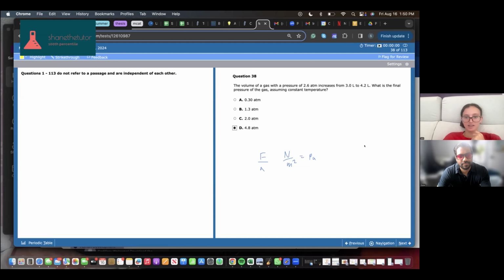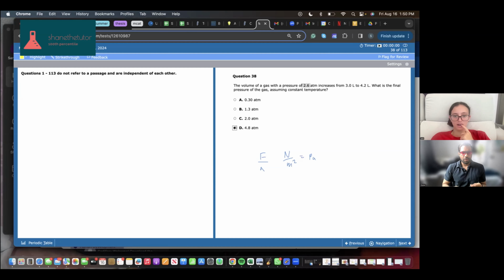This was also a guess because I assumed that it had to be greater than 2.6 because there's an increase, and this was the only one that was greater. Well, we want to think about the relationship between pressure and volume.